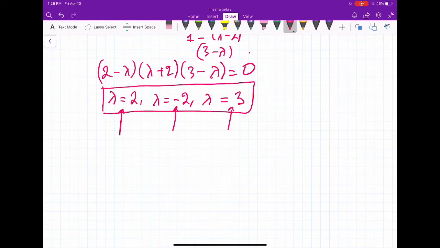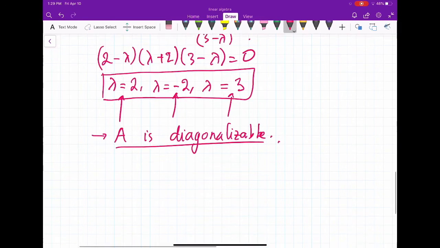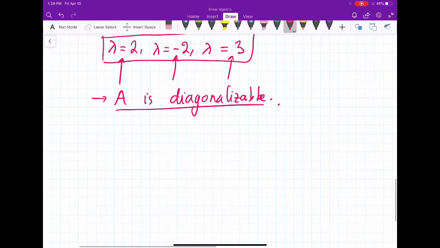Eigenvectors with respect to different eigenvalues are linearly independent, so you have 3 linearly independent eigenvectors in this situation. So we figure out that A is diagonalizable. Perfect. Now let's find eigenvectors corresponding to these eigenvalues, because we want to find the matrix P.